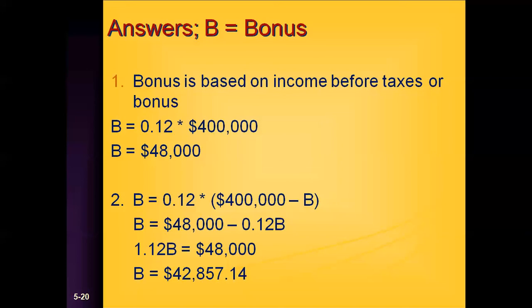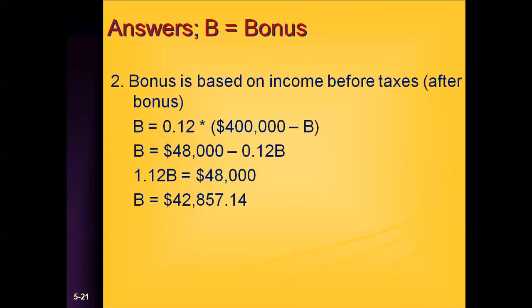Now, if the company gets tricky and says, okay, we're going to base the bonus on income before taxes, but after the bonus is paid, as you can see there, you have to subtract the bonus, and then you come out with an amount a little less than the $48,000 in the first example, when it was paid before taxes and bonus. In this case, it was paid before taxes but after bonus.